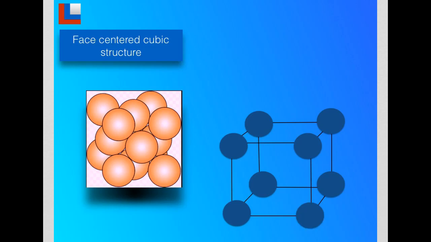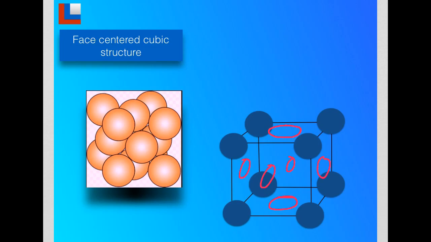Now we should be putting the atoms at the center of each face. 1 at the center of the top face, 1 at the bottom face, 1 in the front, 1 in the back, and 1 each on the sides.